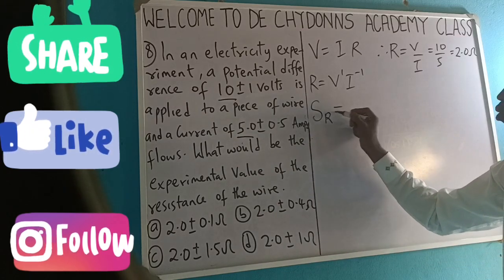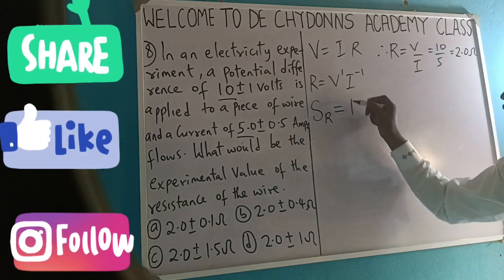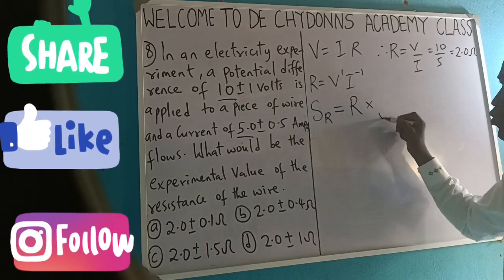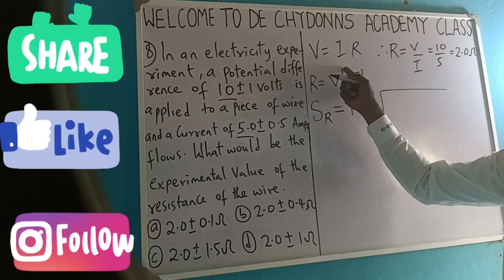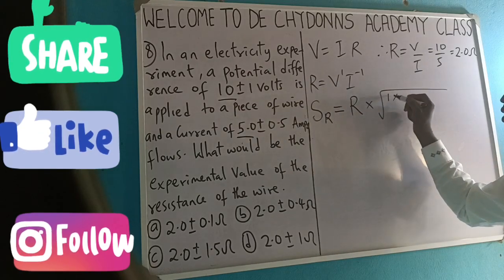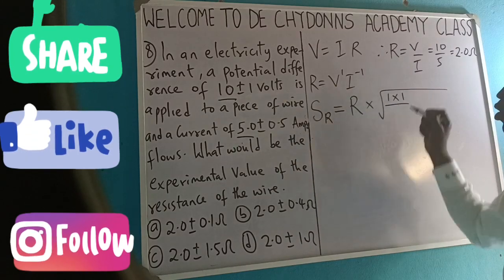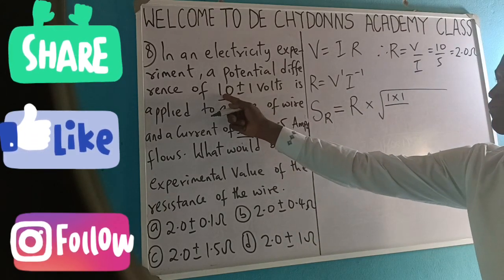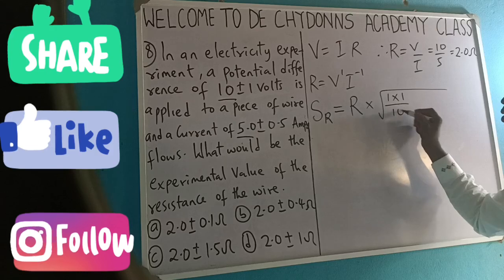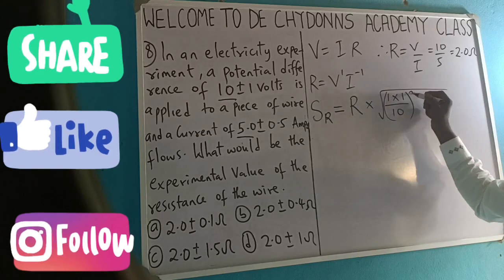This is equal to the R gotten times the square root of, what is the power of this? 1 times the error, 1, all over the voltage itself, 10, we'll square it.